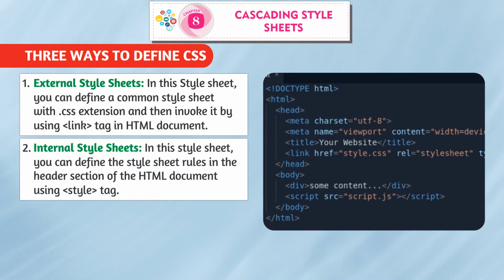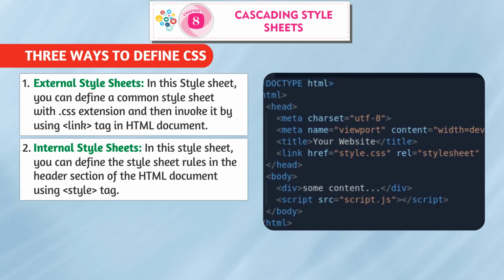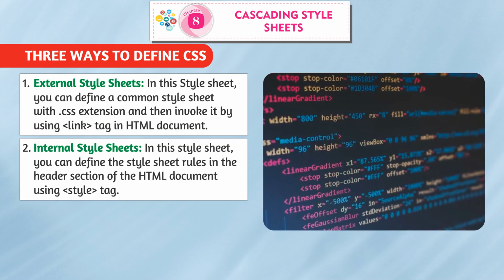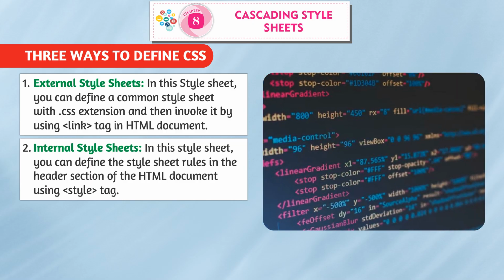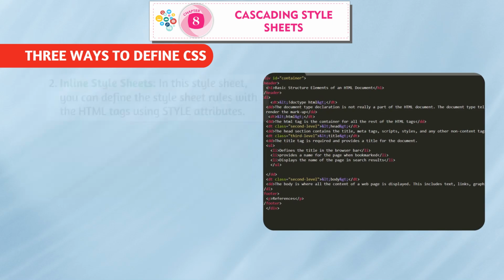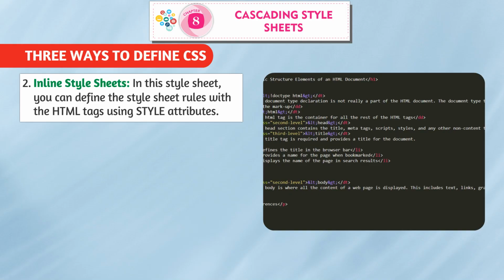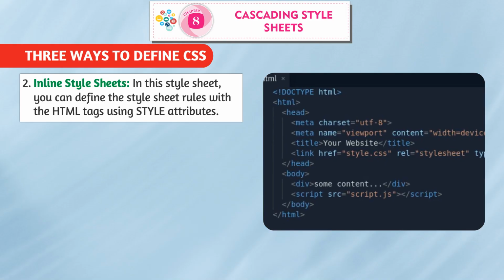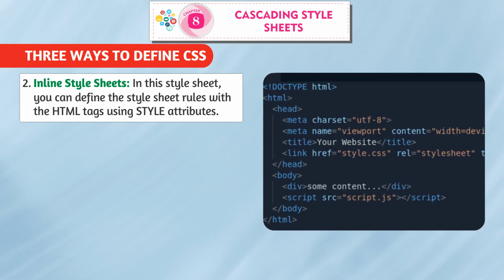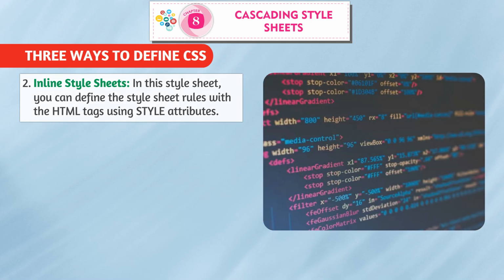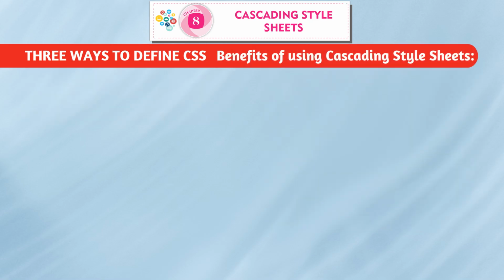In this style sheet, you can define the style sheet rules in the header section of the HTML document using the style tag. 3. Inline style sheets. In this style sheet, you can define the style sheet rules with the HTML tags using style attributes.